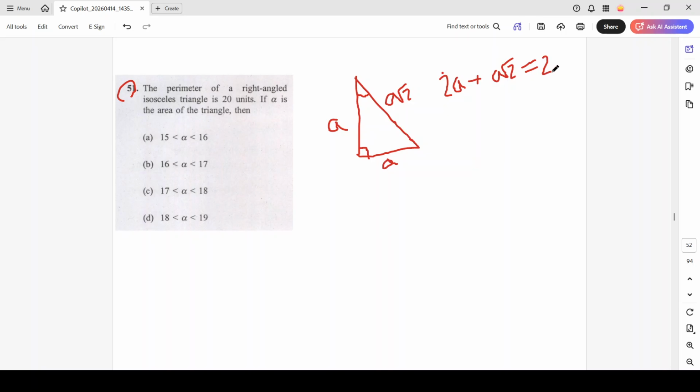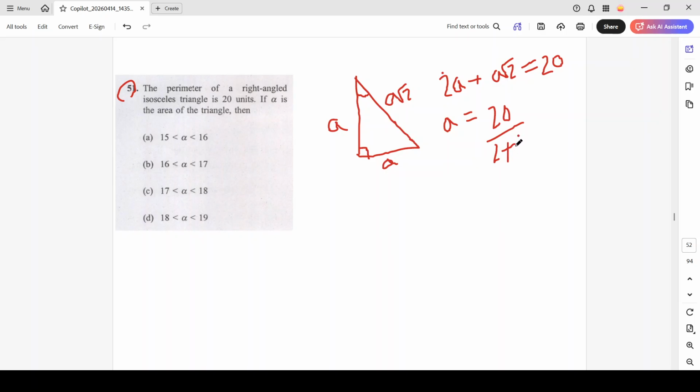We have been asked to find the area. If we take A as common, we are left with 2 plus root 2 inside the bracket, so the 2 plus root 2 goes to the denominator.